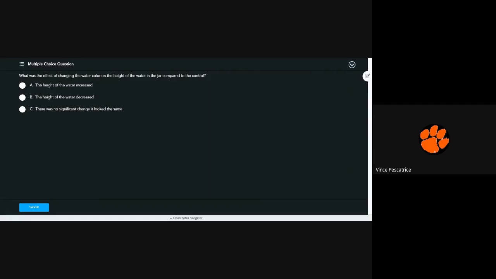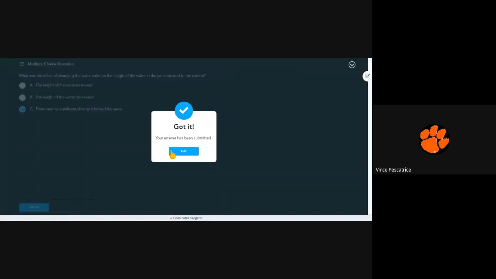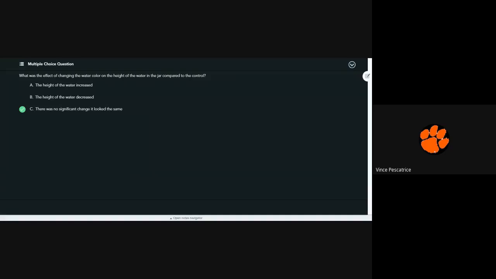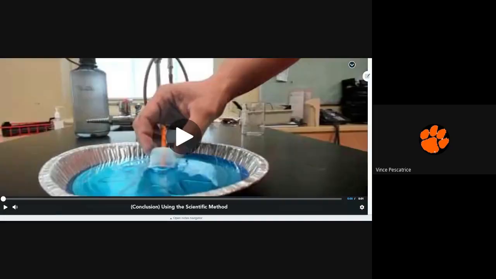No, it's not going to work. All right, so when we look at it, there was no real difference. Now, it may look a little different, but we're talking about a few millimeters or milliliters of difference. So no, there wasn't a real significant change.